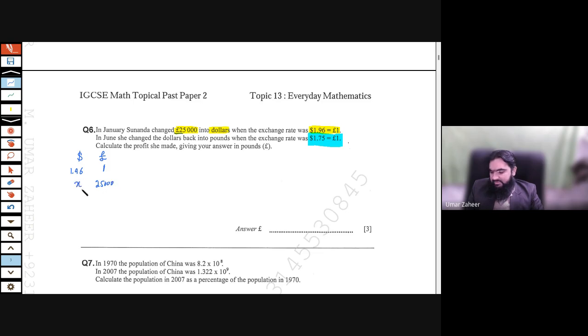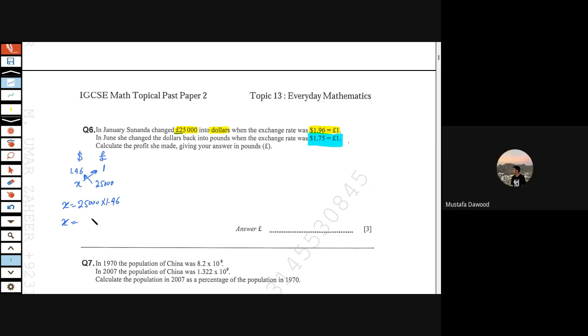You need to find it. Just cross multiply, so x is equal to 25,000 times 1.96, which equals 49,000.